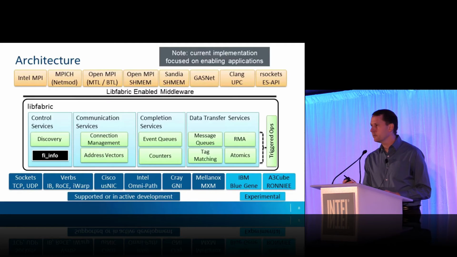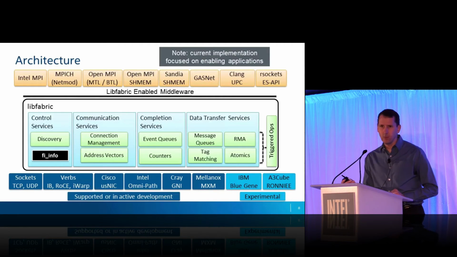Cisco has a native provider, so they write directly into their provider down to their hardware for their user space-based Ethernet NIC. Obviously, we have support for Intel's TrueScale and OmniPath as part of libfabric. Cray released a native provider that's coming out. So it's in the current code upstream.